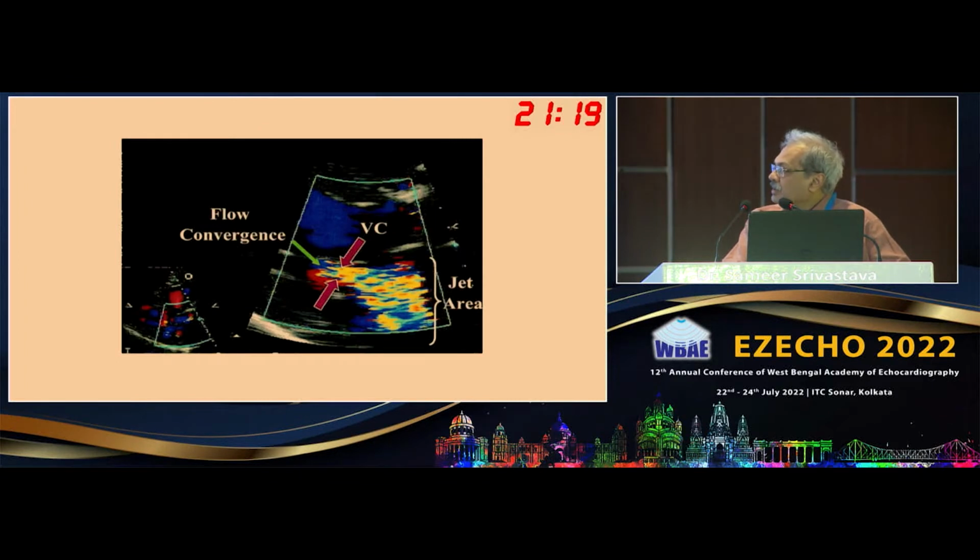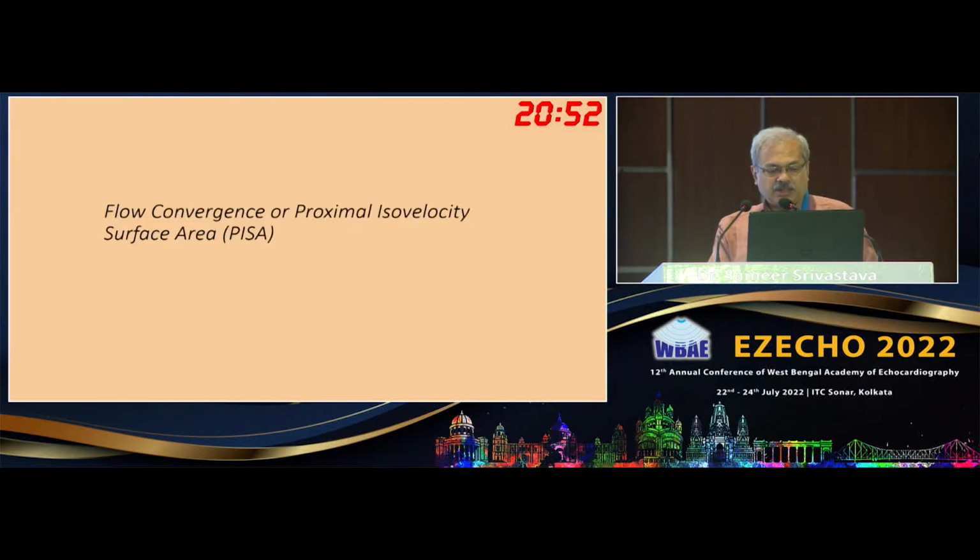This is the vena contracta with flow convergence. You measure this, and you can make sense of the severity of mitral regurgitation. Many times, because of entrainment or high jet pressures, the area of the MR jet can look more expanded than the truthful area.